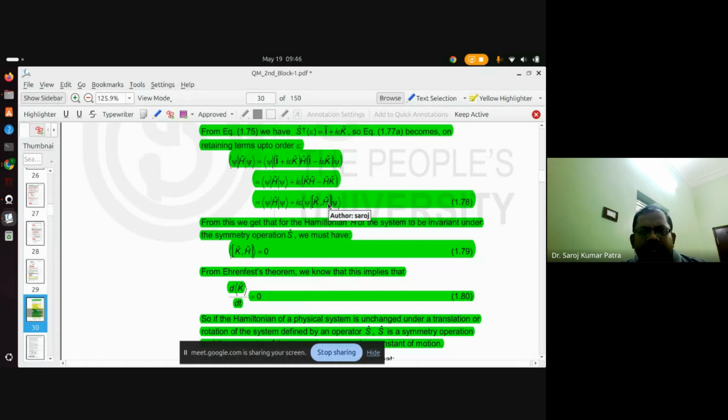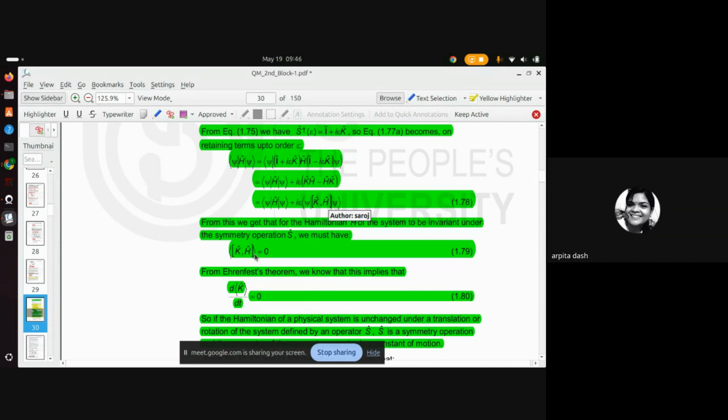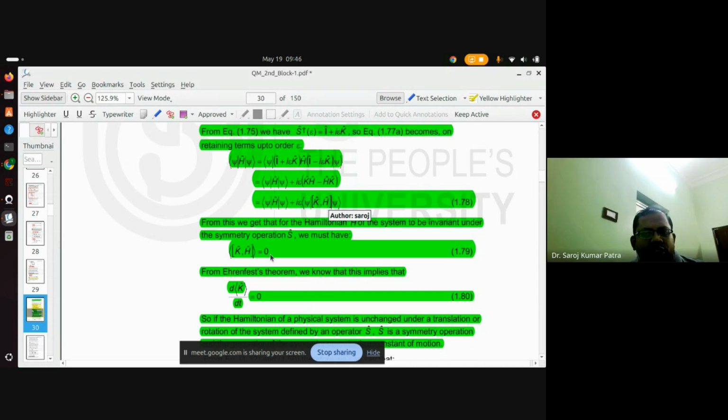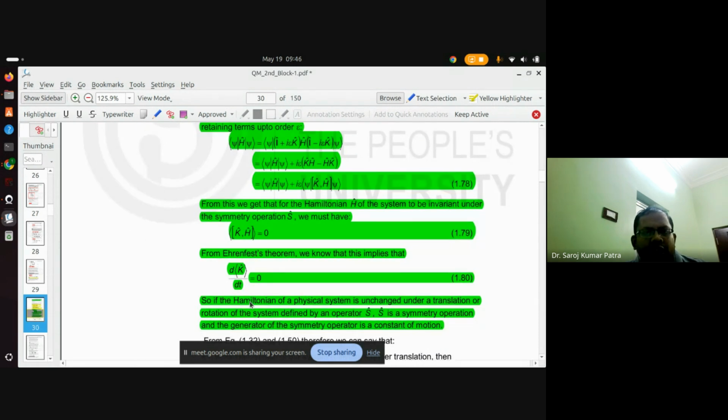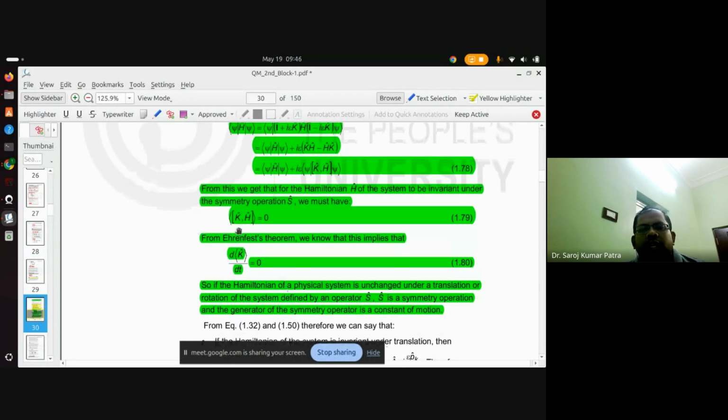Since we are getting from the symmetry operation that for the Hamiltonian to be invariant under the symmetry operation, the KH commutator expectation has to be 0. So that is why d expectation of K by dt has to be equal to 0. Then you can see that the expectation value of K is a constant of time.